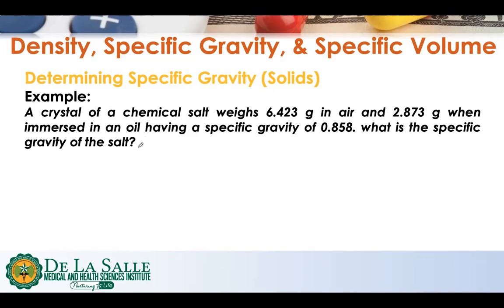A crystal of a chemical salt weighs 6.423 grams in air and 2.873 grams when immersed in an oil having a specific gravity of 0.858. What is the specific gravity of the oil? Now, what we can do here is determine the weight of the displaced oil, which is the same as the weight of an equal volume of oil.